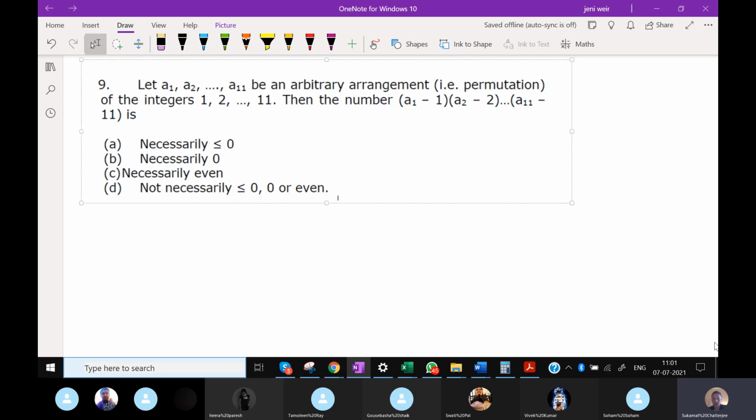Then the number (A1 minus 1)(A2 minus 2) up to (A11 minus 11), which is the product of all these differences, is what? Now, we have 11 numbers here, which is 1, 2, 3 up to 11.